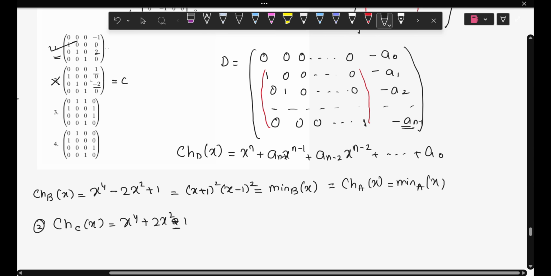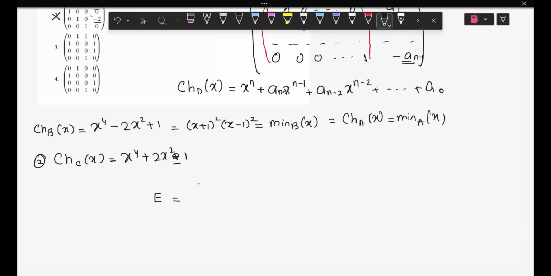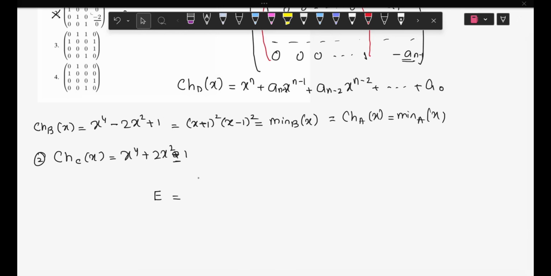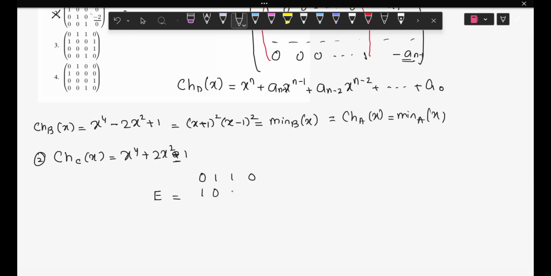Now let's talk about option 3. For option 3, the matrix is given by, if I write this matrix as E is equal to 0, 1, 1, 0, 1, 0, 0, 1, 0, 0, 0, 1, 0, 0, 1, 0.